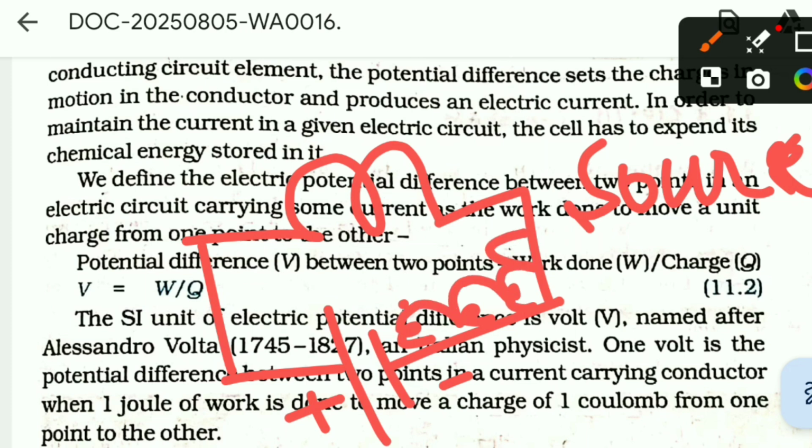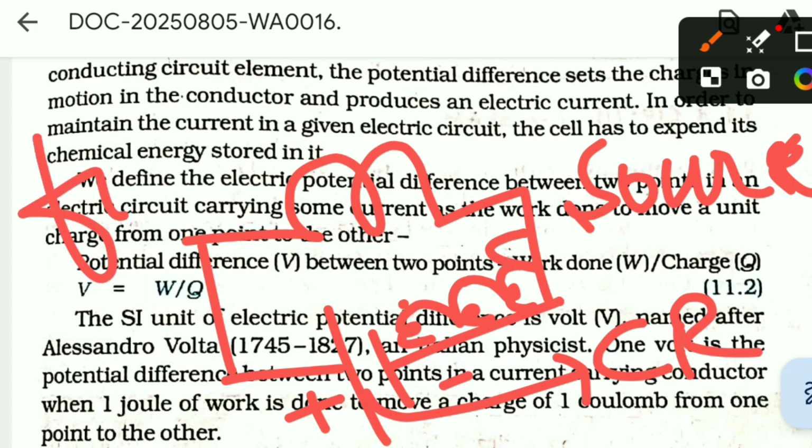It is moving continuously. Okay, these electrons are flowing because of chemical reactions, right? Due to this chemical reaction, one force is created.